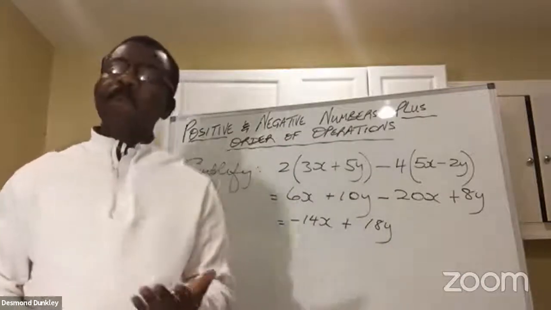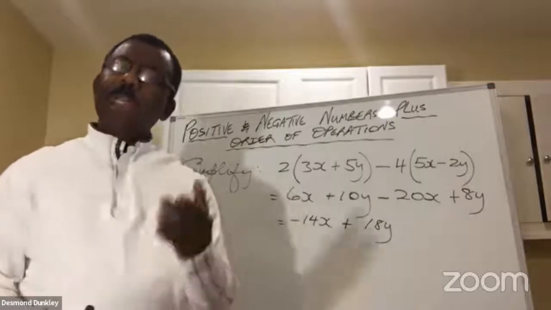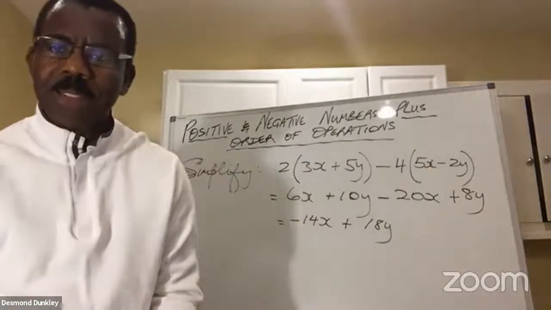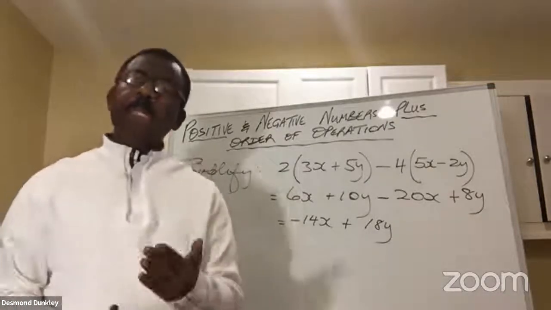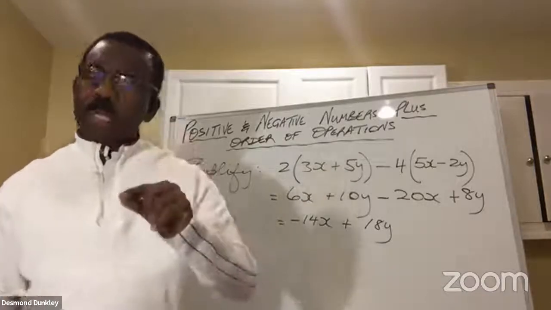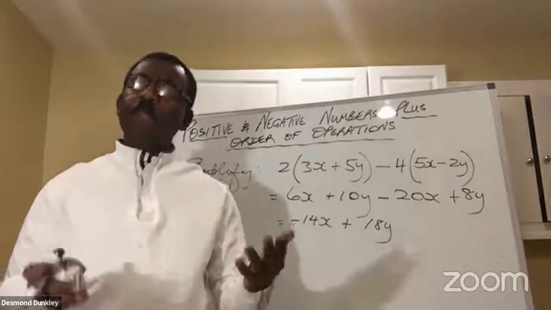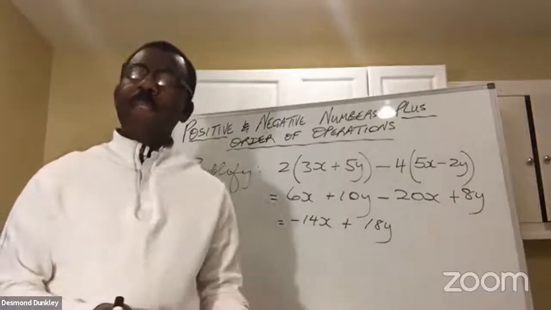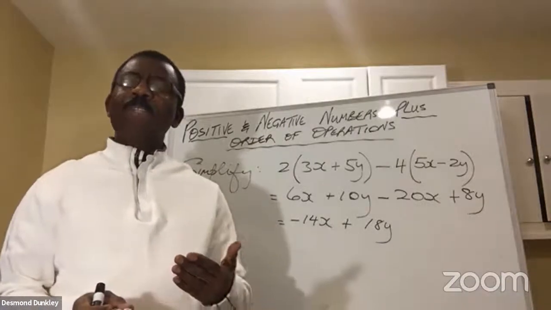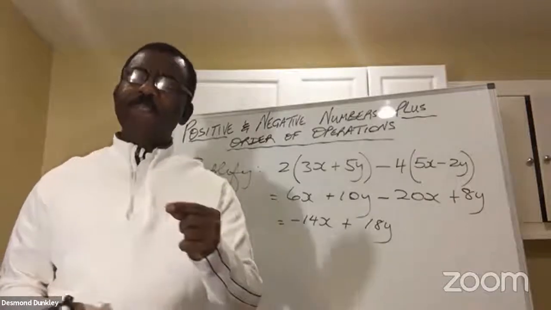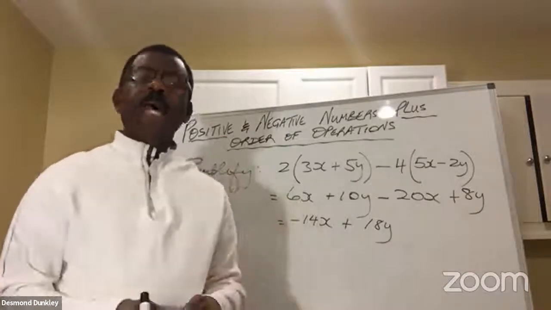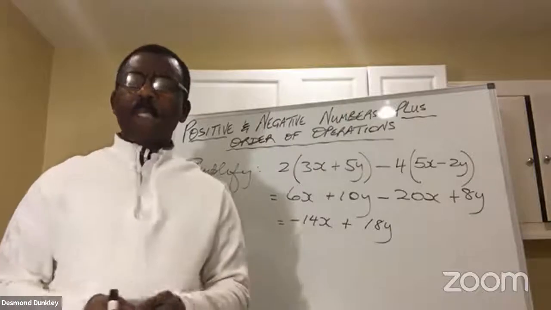And many people make mistakes with their negatives and their positives. Many students make mistakes as to which operation should go first. I do hope that as a result of what we have done this evening, you're in a better position to master your negatives and your positives, along with your order of operations.